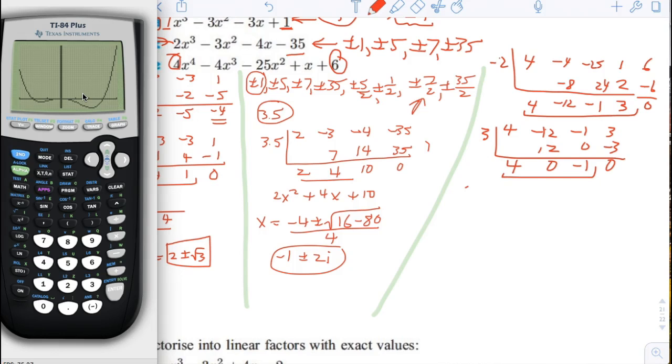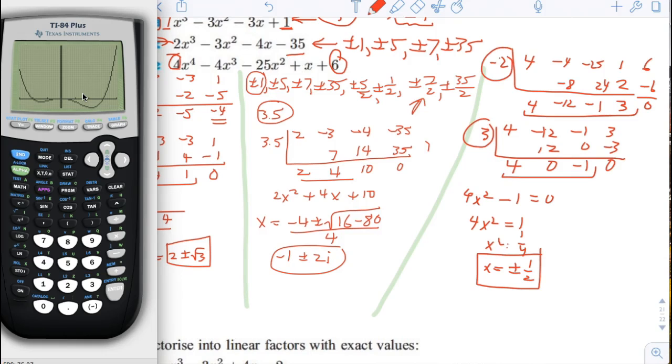So I got 4x squared minus 1 equals 0. And so the remaining roots would be x squared equals 1/4, x equals plus or minus 1/2. Plus or minus 1/2, 3, and -2. Those are the 4 roots for the quartic.